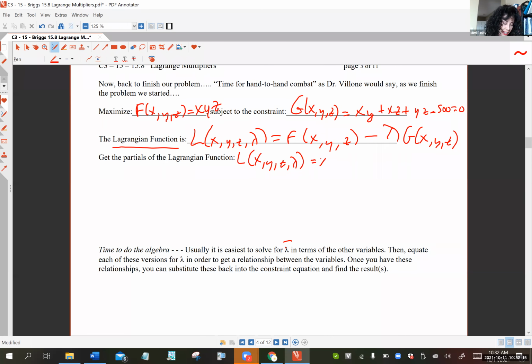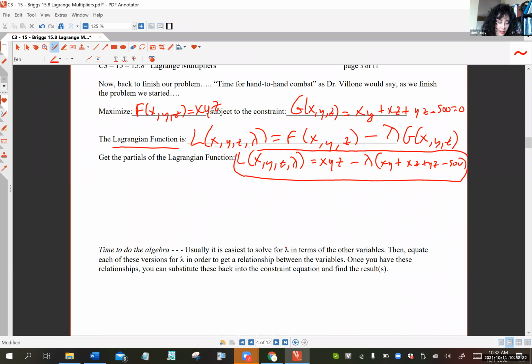It looks like xyz, because that's the function we're trying to optimize, minus lambda times parentheses xy plus xz plus yz minus 500. This is the function we're trying to extremize, if you will. And we're going to find its critical points, stuff like that.